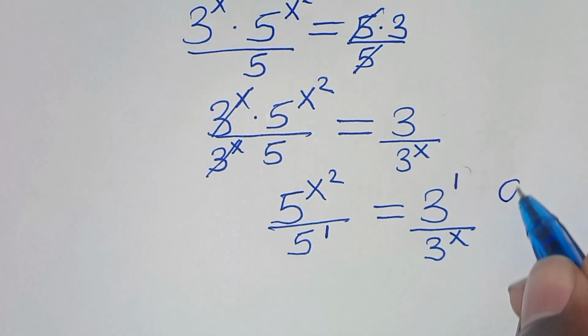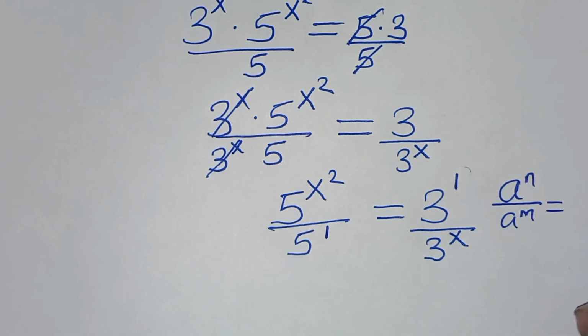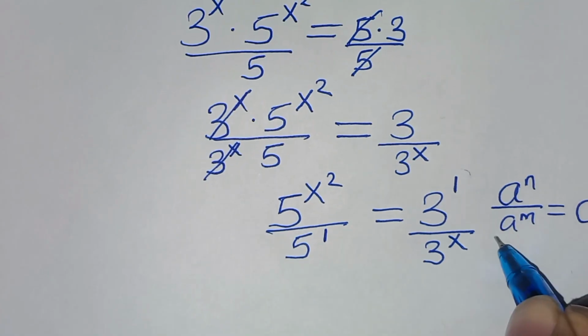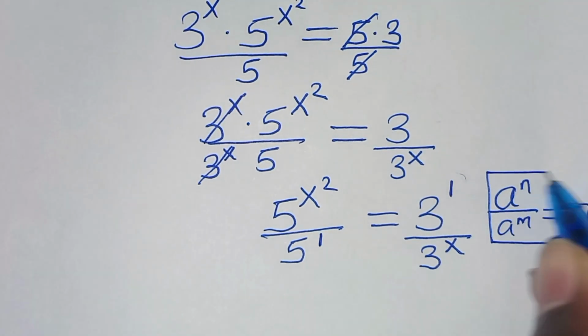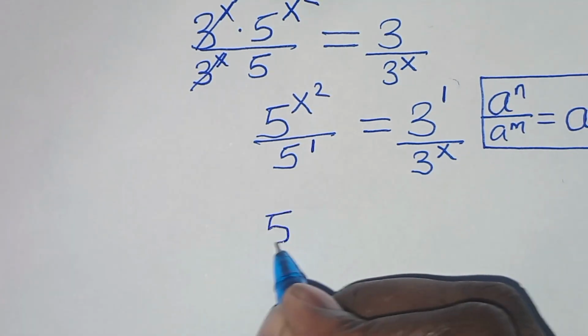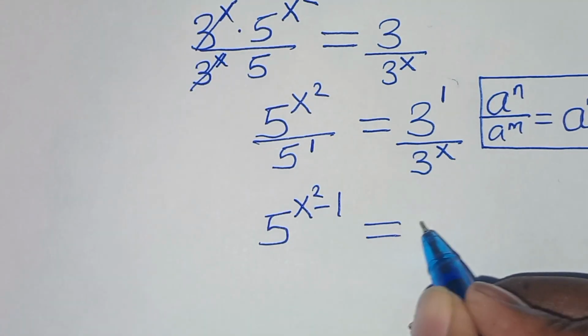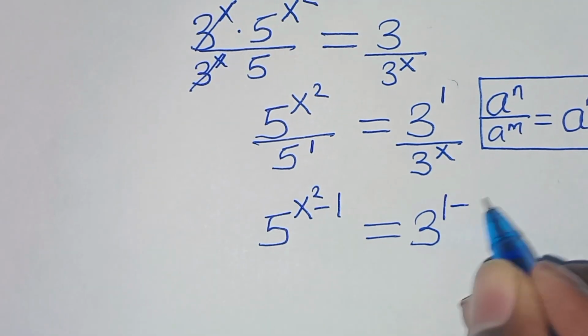This is in the form of a to the power n over a to the power m, which we can transform as a to the power n minus m. Applying this exponent property, we have 5 to the power of x squared minus 1 equal to 3 to the power 1 minus x.